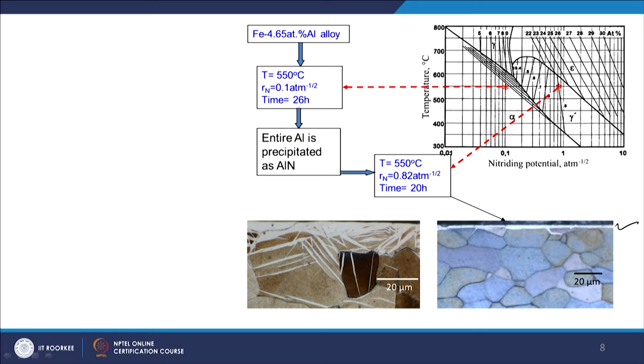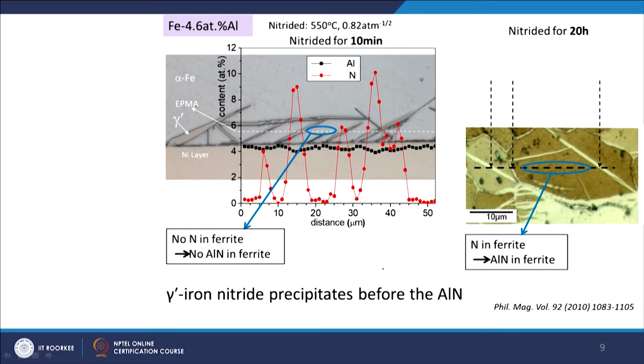When we are nitriding in this condition and the nitrogen is coming into the sample, whether it first forms aluminum nitride or the iron nitride is not known. One can see that by doing very short time nitriding experiments like this. In this case, it is done for only 10 minutes of nitriding. Then you see the growth of these iron nitride needles.